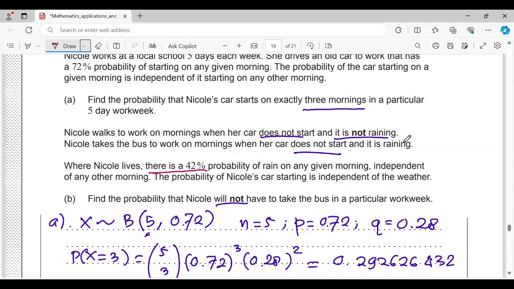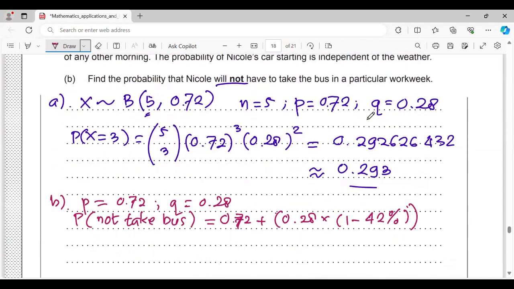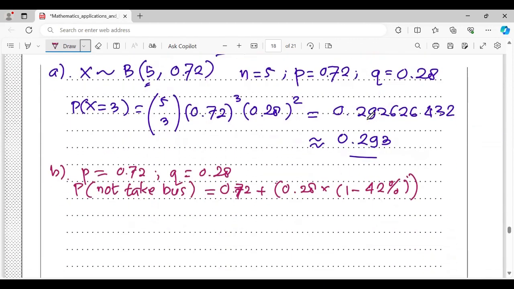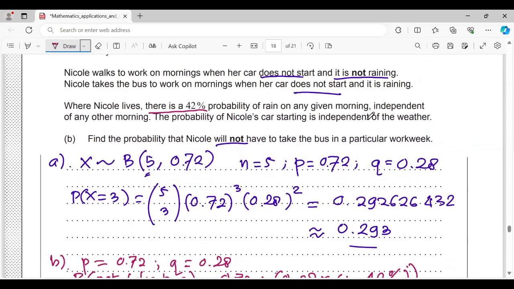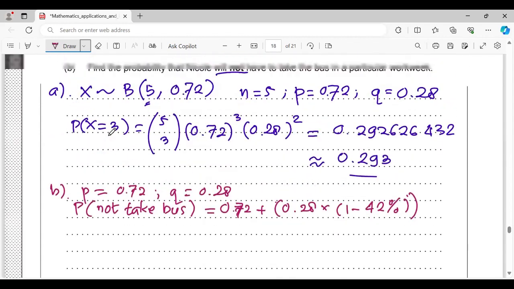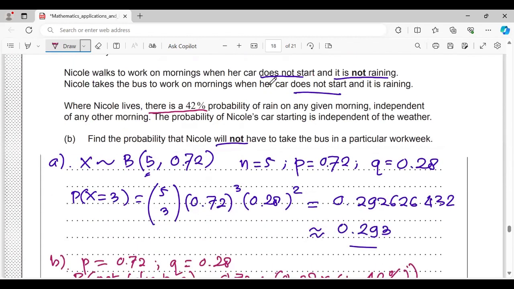So if in the morning it is raining, she does not take the bus, for any given morning.